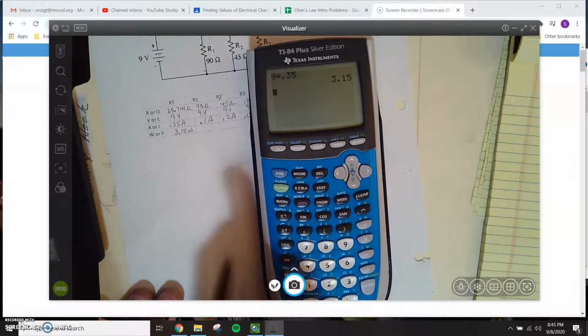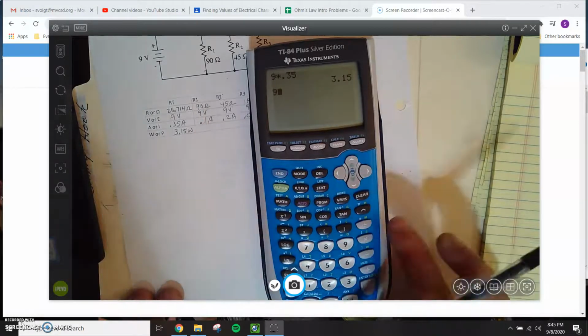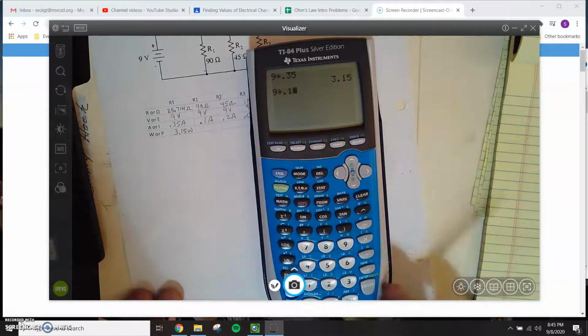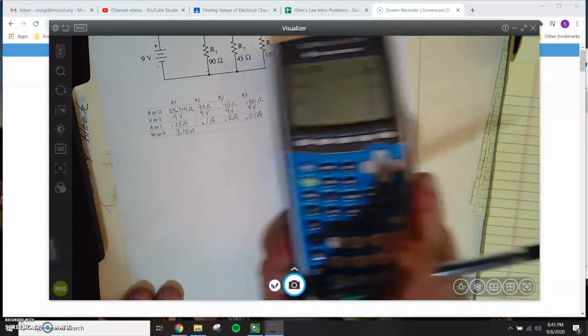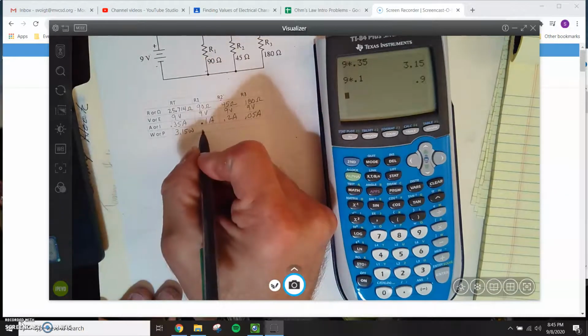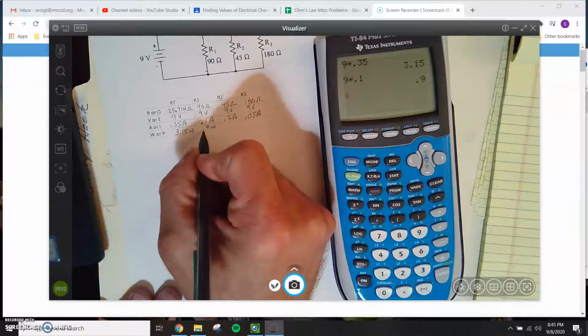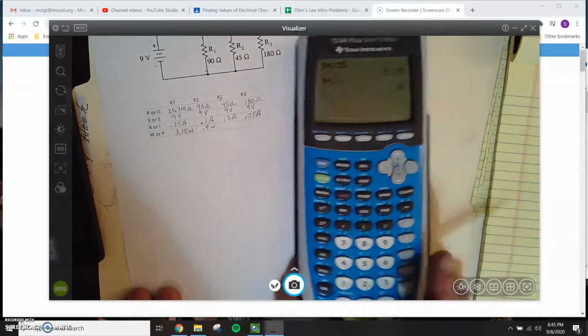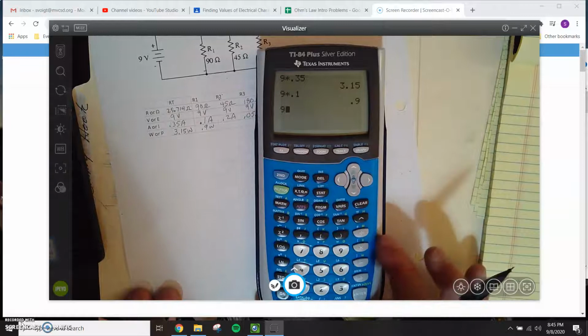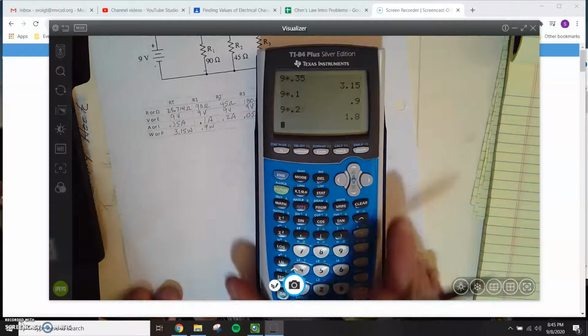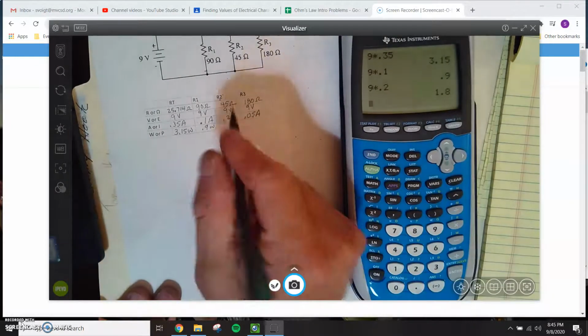9 times 0.1, 0.9. For resistor 1, 9 times 0.2, 1.8.